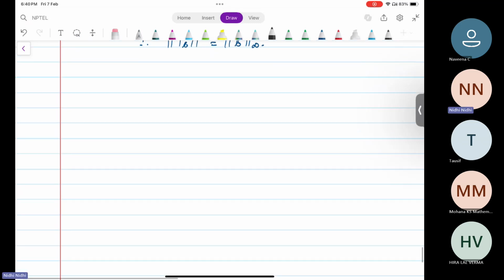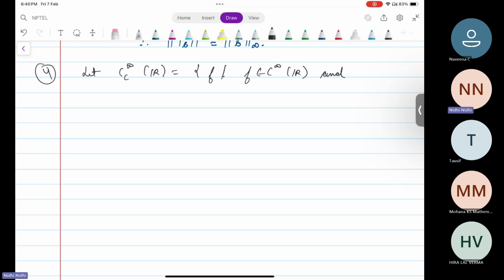So let's understand the setup. Number 4. Let Cc infinity R be the set of all functions f which are in C infinity R. By C infinity R, we mean that it is infinitely differentiable and all the derivatives are continuous as well, and has compact support.